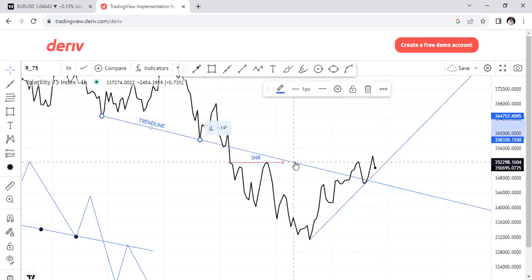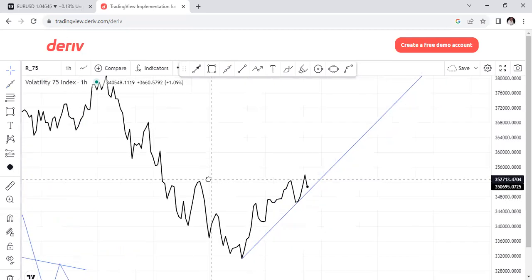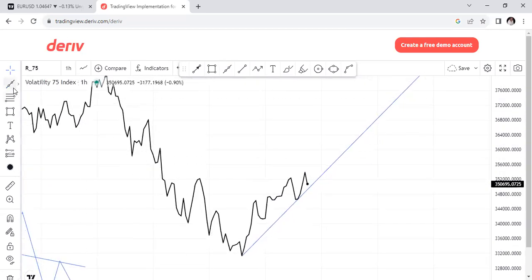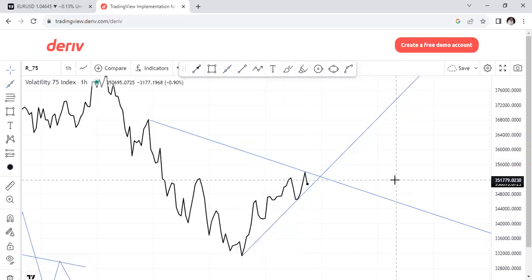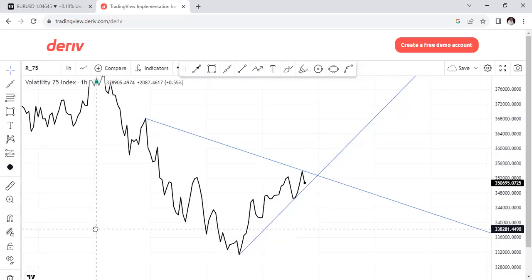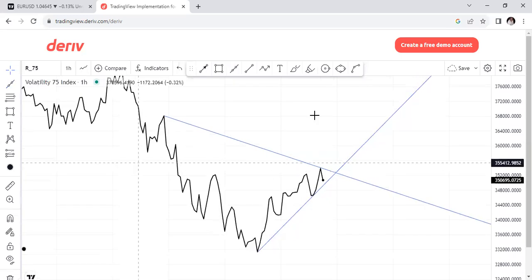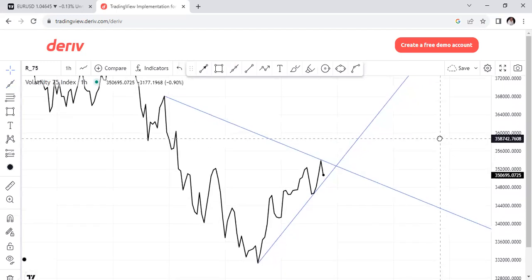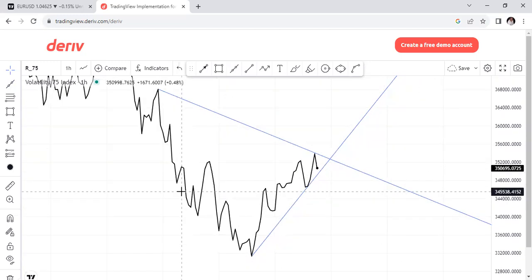Waiting for a breakout here for us to sell. Waiting for a breakout here.